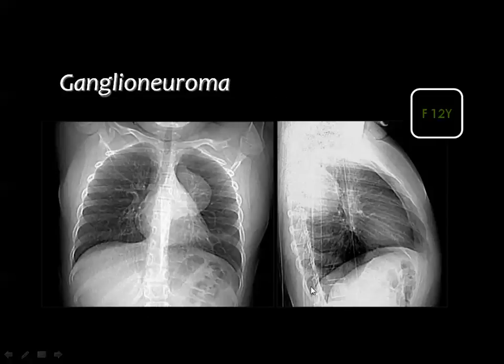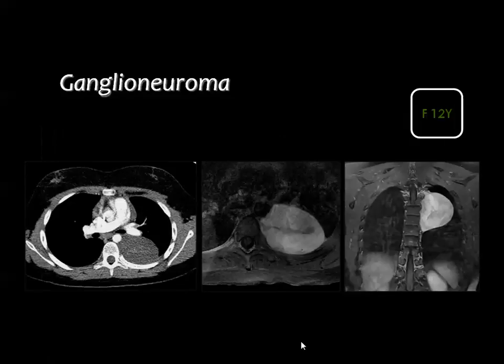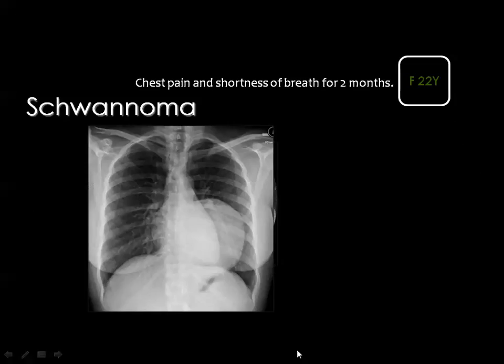Remember this female patient, 12 years old, having a mass in the posterior mediastinum, as you see in the lateral view, and this is the appearance of the mass in the CT scan and the MRI, axial and coronal images. By age we may think of ganglioneuroma, and this was proved to be a ganglioneuroma. This female patient, 22 years old, you expect that you are dealing with a schwannoma or neurofibroma.